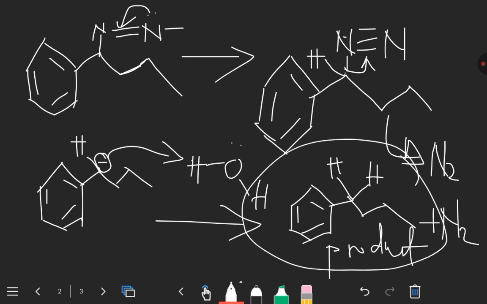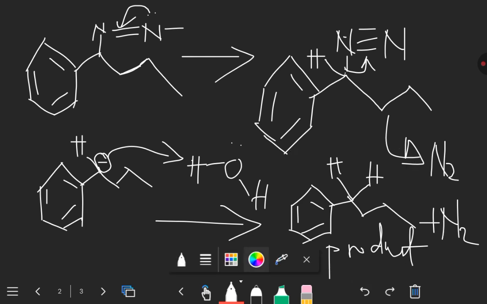So this is now the product in this type of reaction, which is known as Wolff-Kishner. So this is how you form a product using the Wolff-Kishner mechanism.